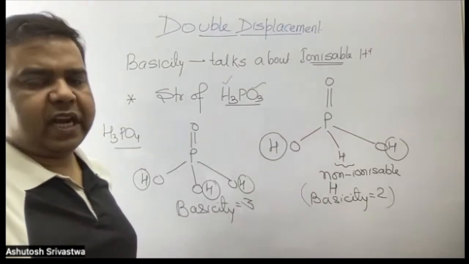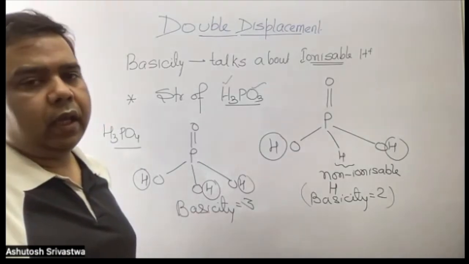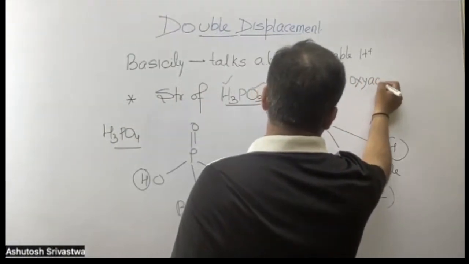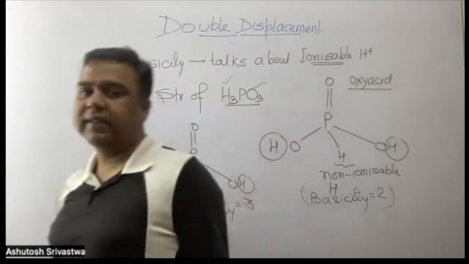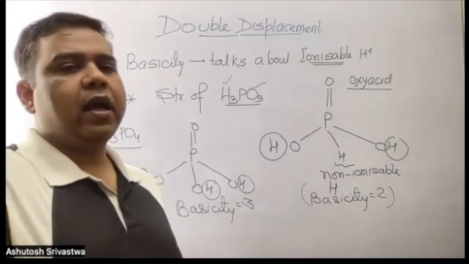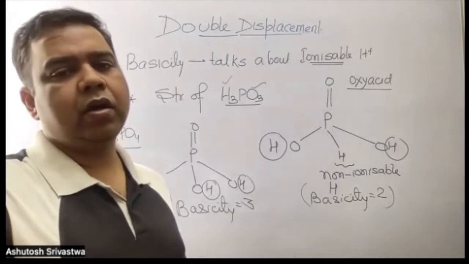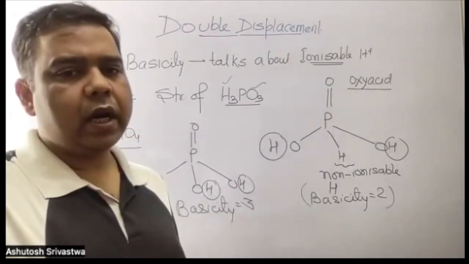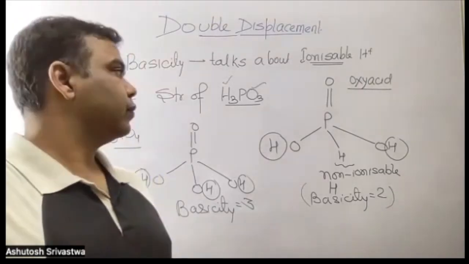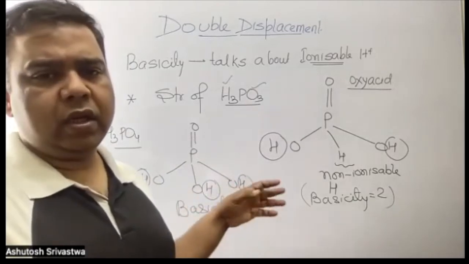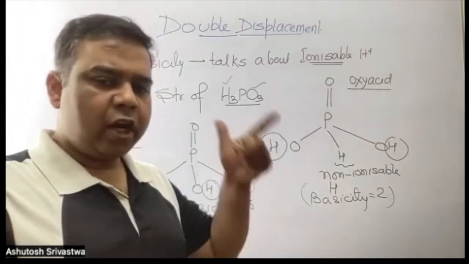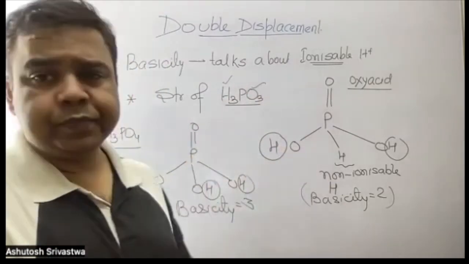In an oxy acid, that is, an acid containing hydrogen, oxygen, and one other element like phosphorus, sulfur, chlorine, carbon, nitrogen, etc. There will be hydrogen, there will be oxygen, and one other element will be there. Boron. Okay.